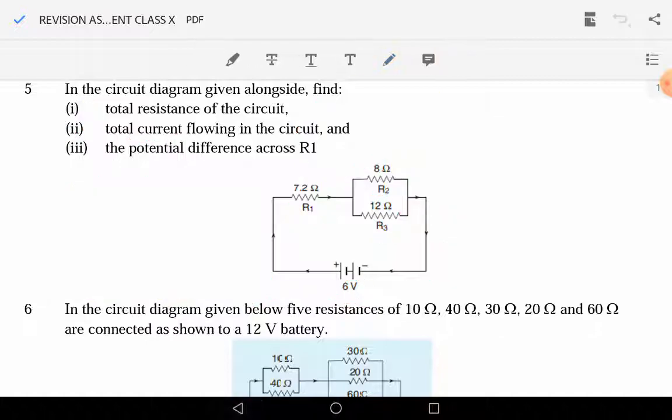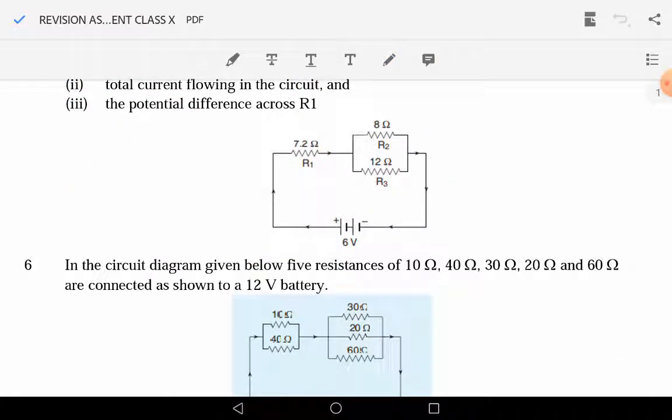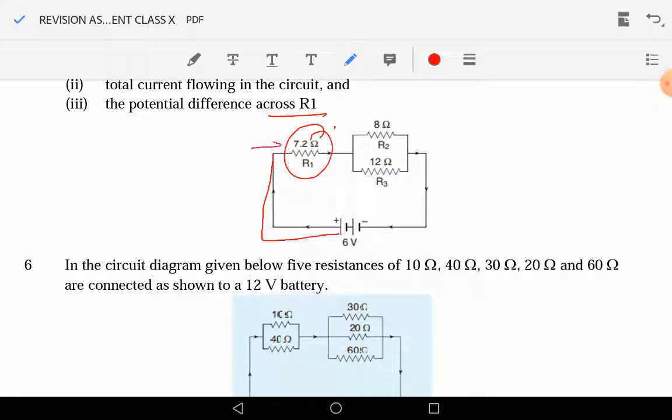Now they are asking what is the potential difference across R1. Okay, now this is R1. We have to find out the potential difference across R1, right? So we will see when we apply the formula. Current is flowing from here, so that same total current will flow through R1 also.